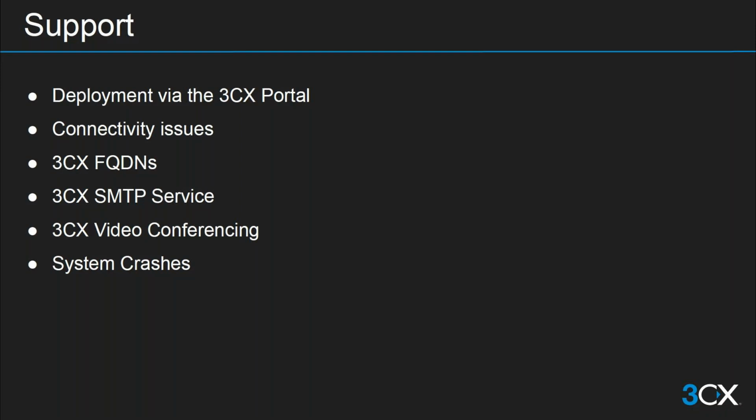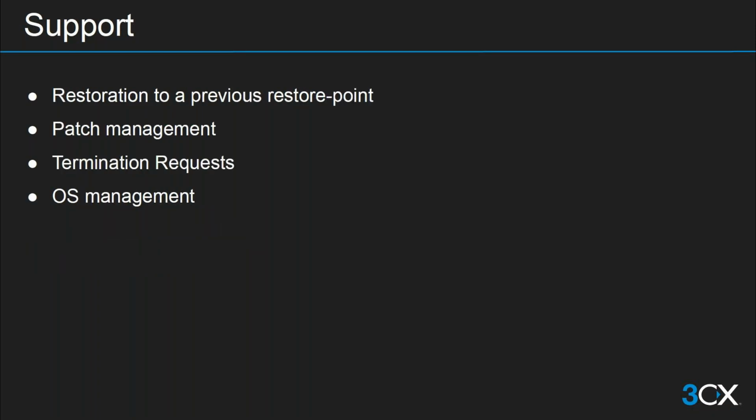There is also support on connectivity issues, 3CX FQDNs, 3CX SMTP service, 3CX video conferencing, and system crashes. There is also support regarding restoration to a previous restore point, patch management, termination requests, and operating system management.